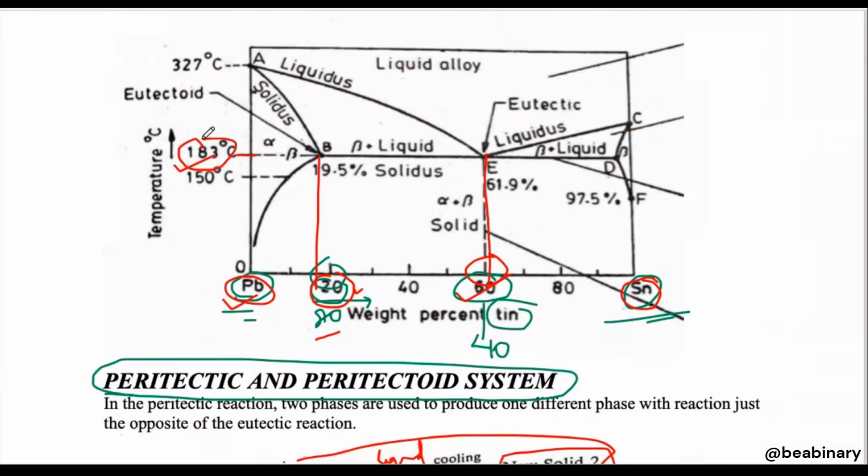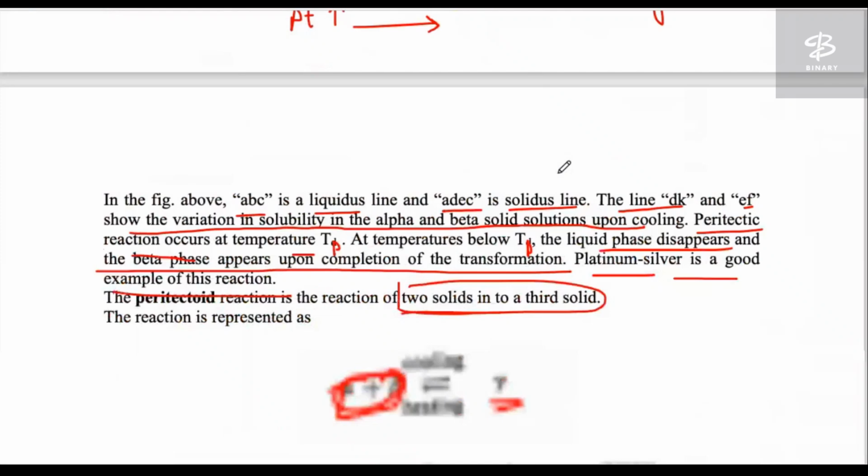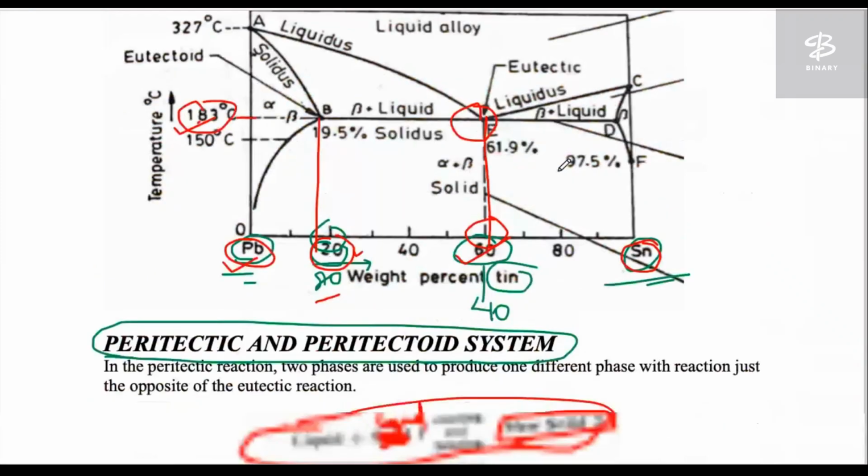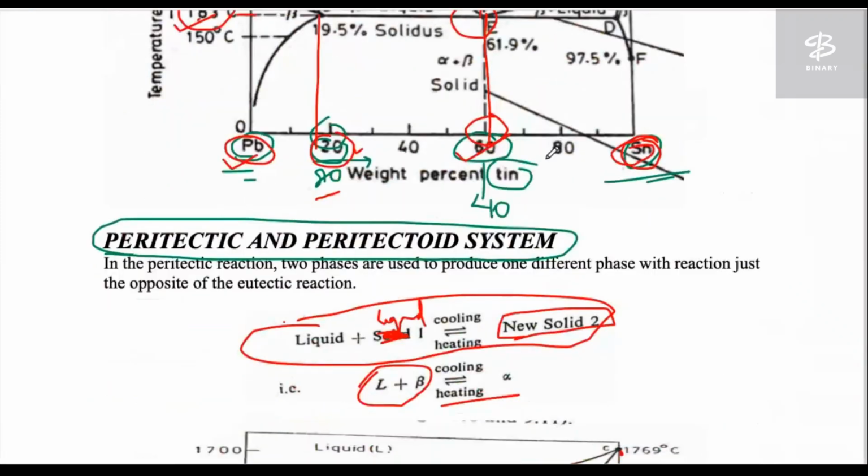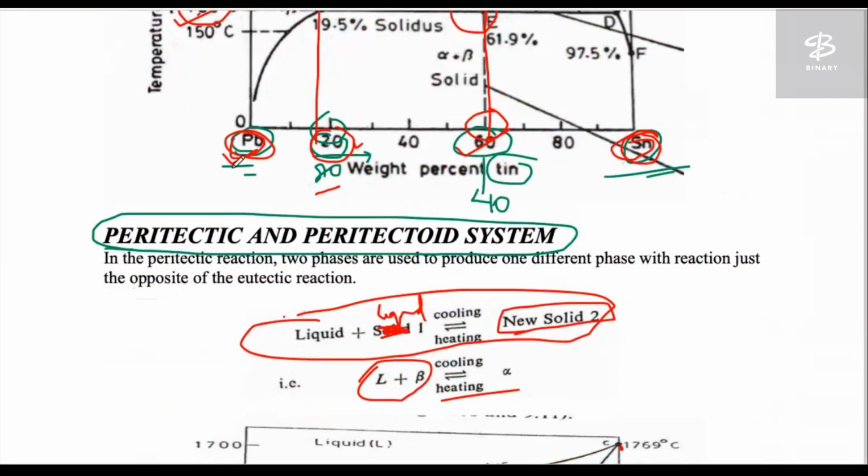Keeping the same temperature, we have different points, and different points mean different critical points, and different critical points have different characteristics. One more thing: here you can see Sn is 100% at the end and Pb is 100% at the beginning. What does it mean? Both are completely soluble in each other. They have 100% solubility, so one can dissolve in the other.